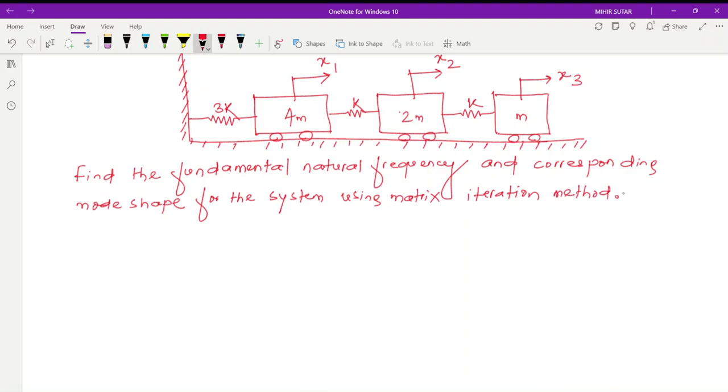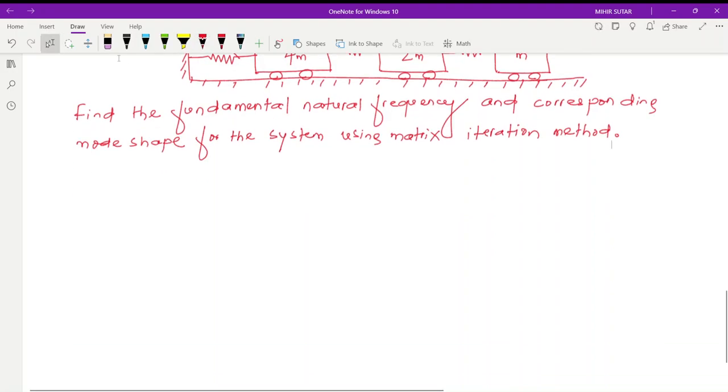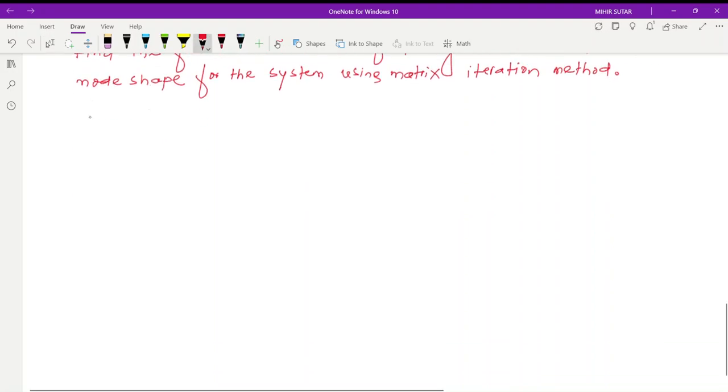ओके, सो फर्स्ट व्हाट विल डू, we'll write down the differential equation of motion.